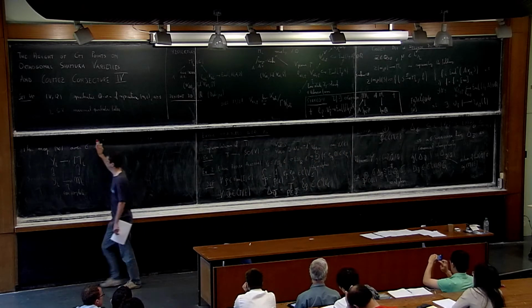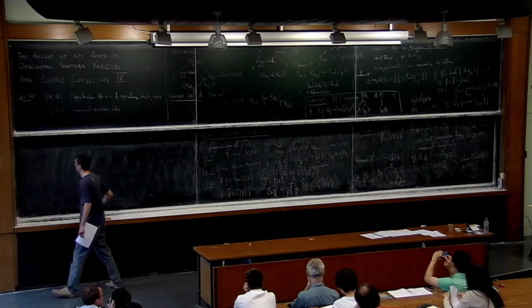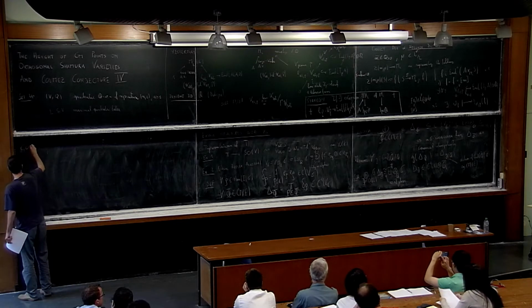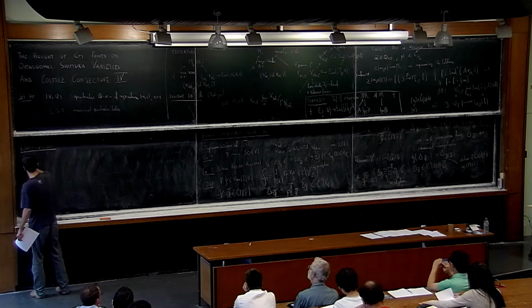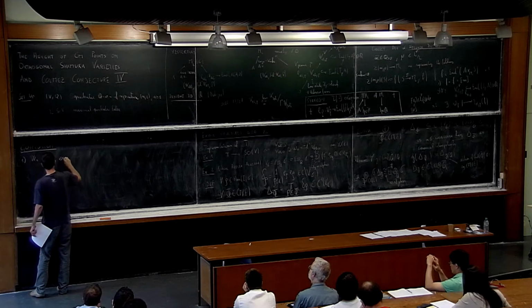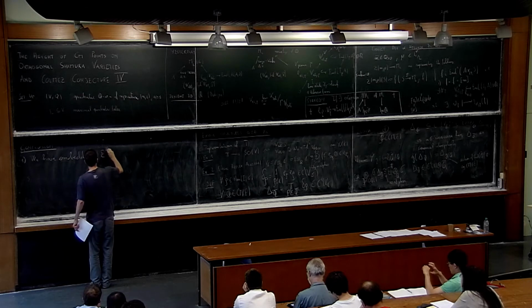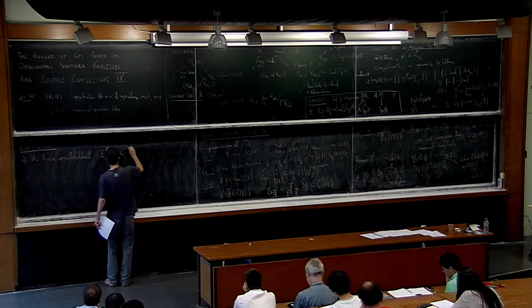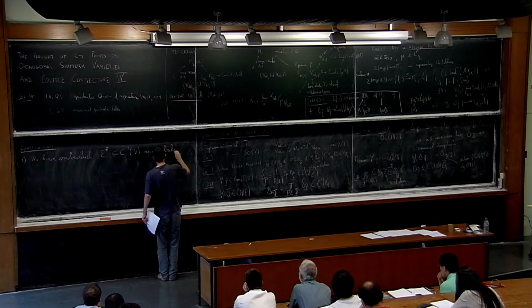Conclusion. One, we have embedded E sharp inside C plus V as a subalgebra.